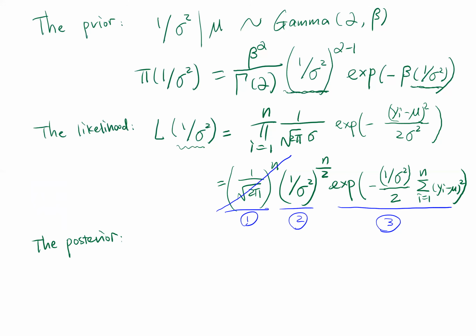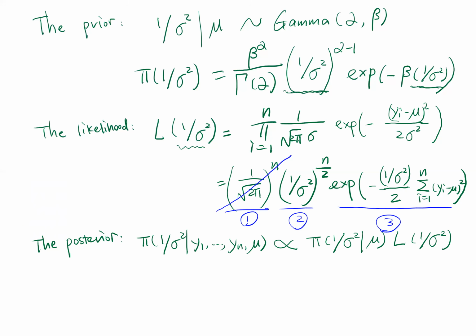Okay. The posterior of 1 over sigma squared given all of the data points and given mu should be proportional to its prior and the likelihood. I start writing the proportional sign for you so you can start throwing out those constants.